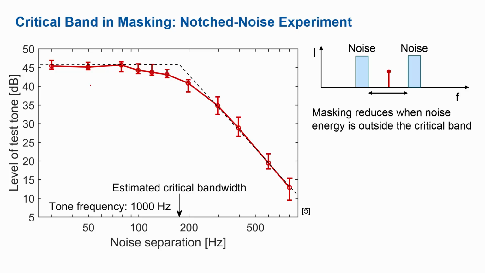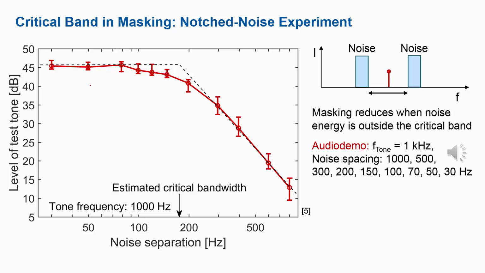And towards the right side, the separation gets further and further, and the tone's level can be reduced. If we now fit two graphs to it, and you see this here in the dashed lines, then we see there is a corner point, and that corner point can be used as an estimate for the critical bandwidth.